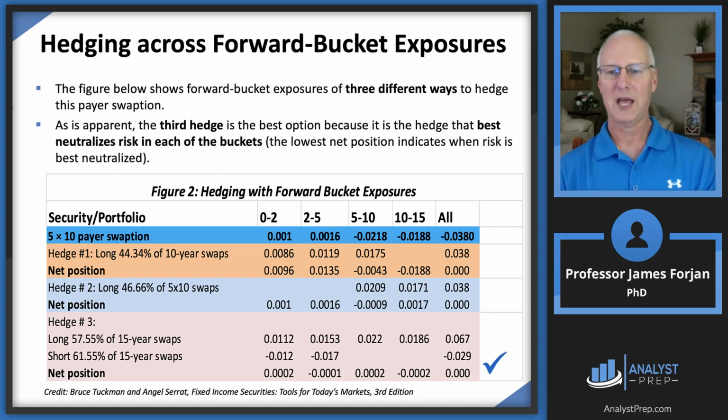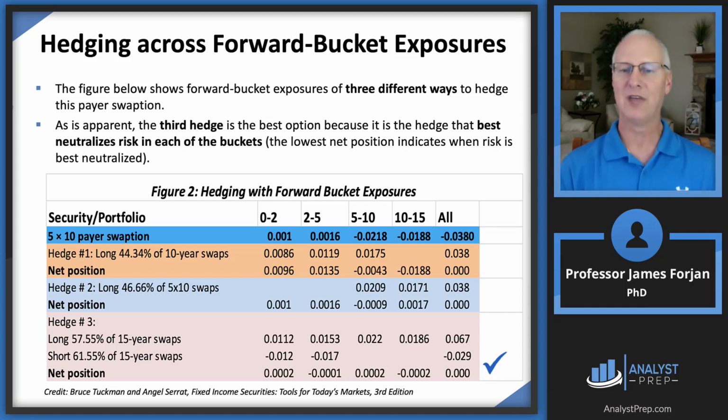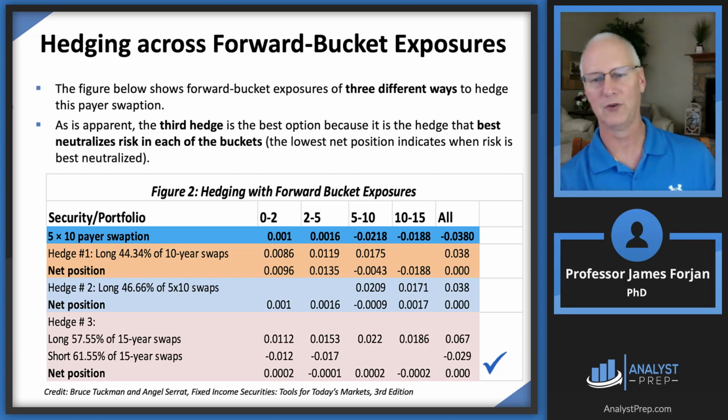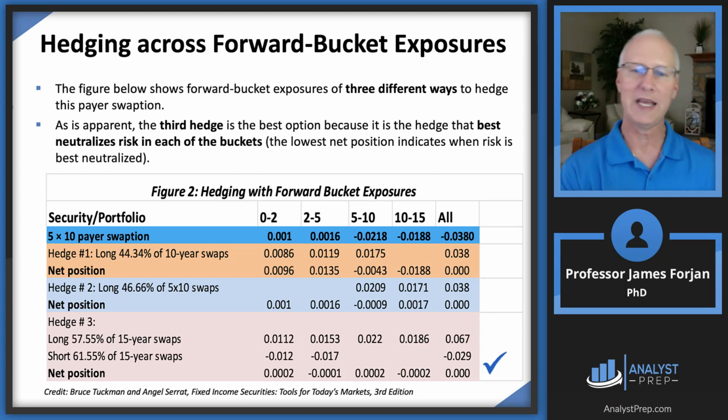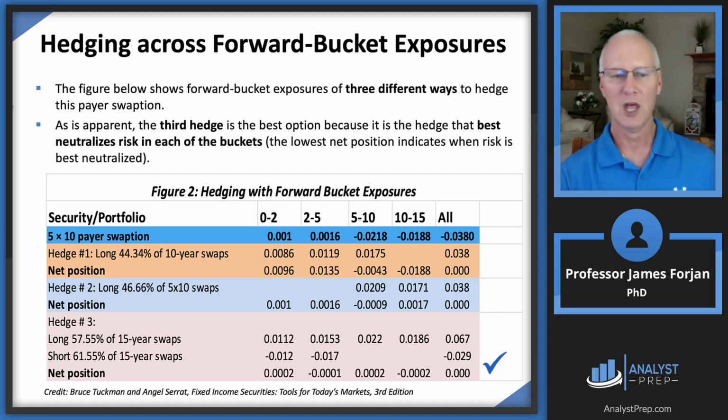So clearly, hedge 1 is not nearly as efficient as hedge 3 because each of those forward bucket exposures are now almost fully hedged. The total is fully hedged on all 3 of them, but now at each of those bucket points, at each of those forward bucket exposures, those numbers down at the bottom, look, 0.0002, minus 0.0010, that's pretty close to 0, right?